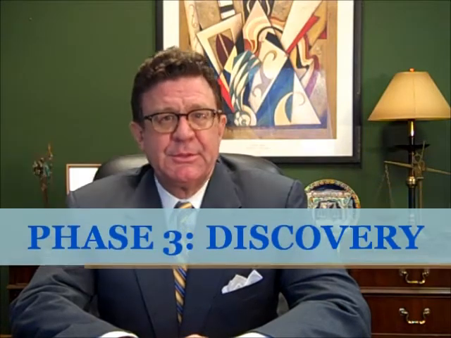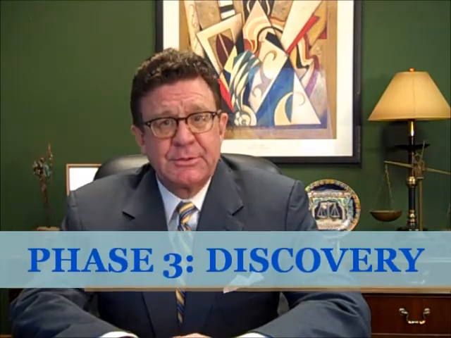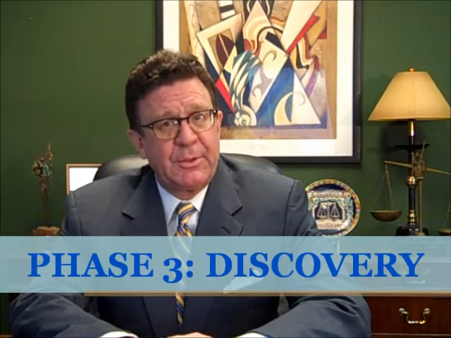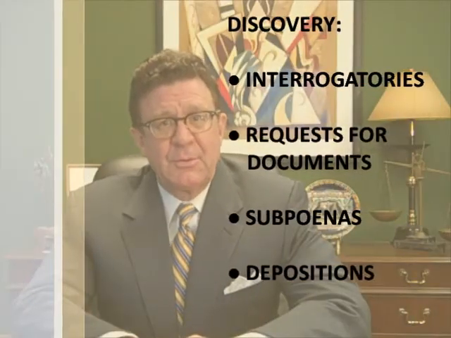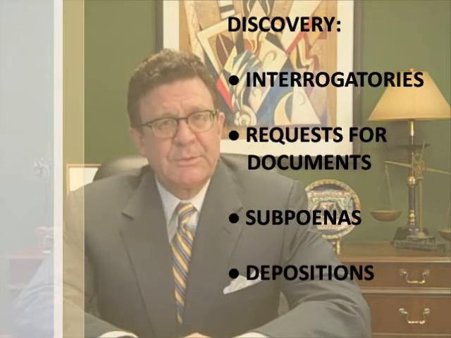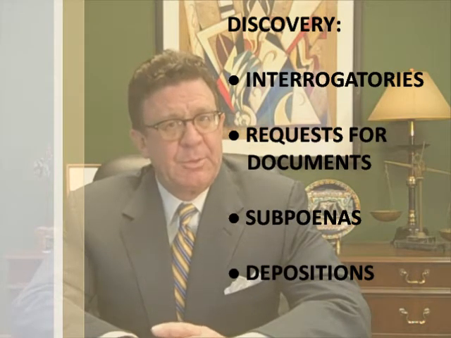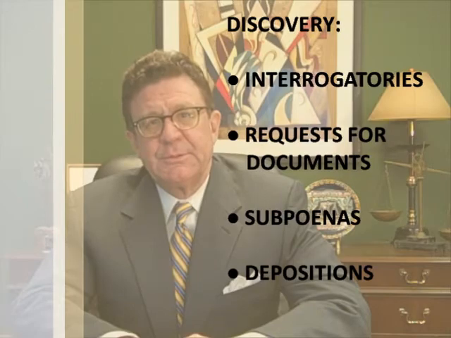The third part of the process is the process known as discovery. Discovery can take a pretty good amount of time, and it has a lot of elements to it. The basics of the discovery process are interrogatories or questions, requests for documents, subpoenas, and depositions.